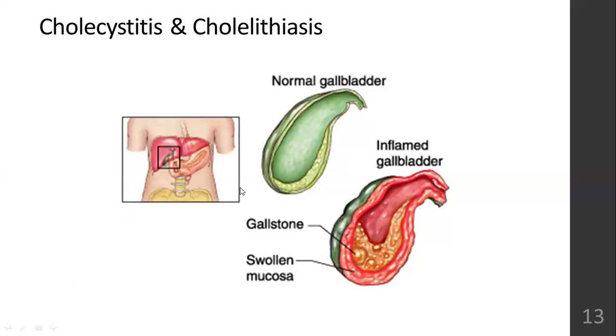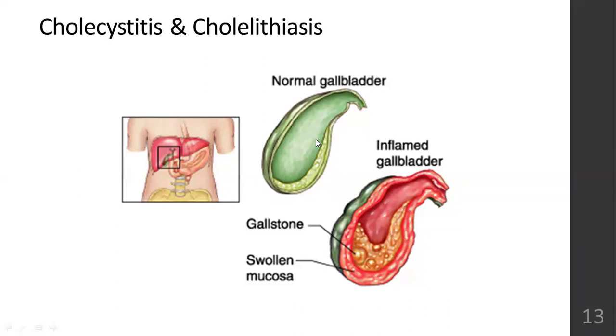Okay, so imagine a situation where the bile salts are very concentrated because of the damage caused in the liver. The bile juice is very concentrated, and it is sitting here for many hours, because when you have liver damage, you will not have the feeling to eat food. You will have anorexia.